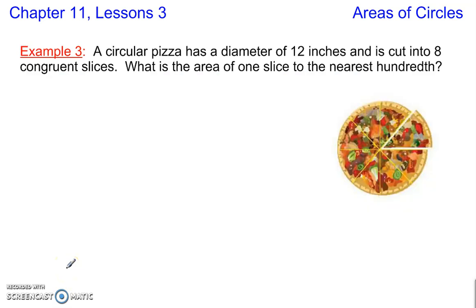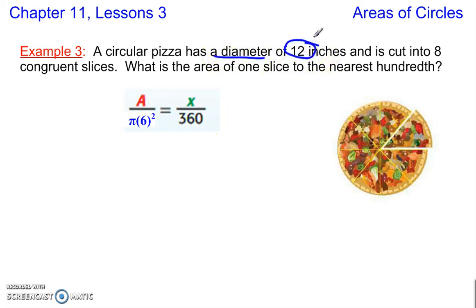Okay, if we want to use that, here we have a pizza, and it has a diameter of 12 inches and is cut into 8 congruent slices. What's the area of one slice? Okay, so we know the area is x over 360 times pi r squared, or if you want to solve it this way around, we have pi times 6 being, pay attention, the diameter is 12.